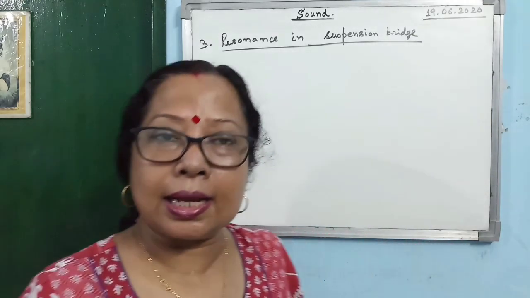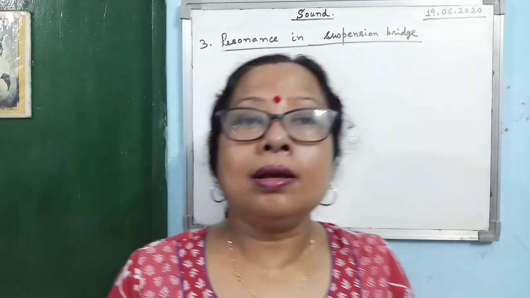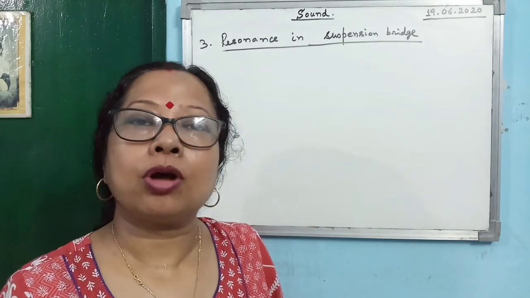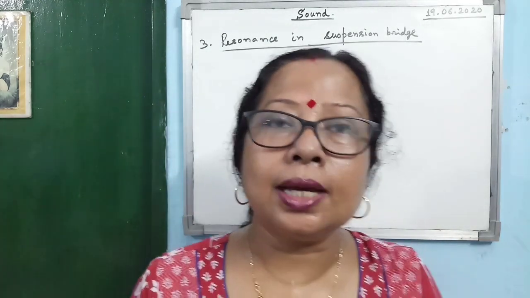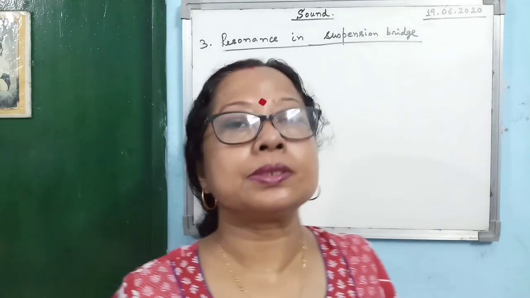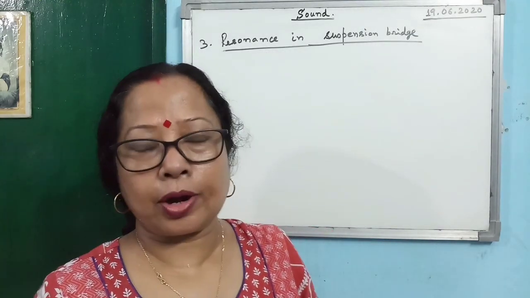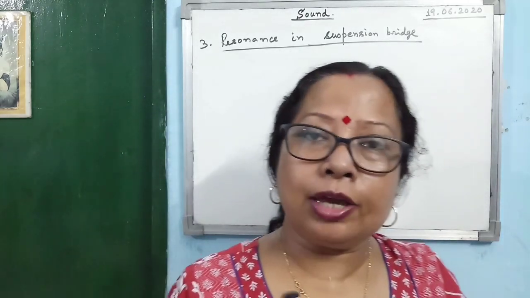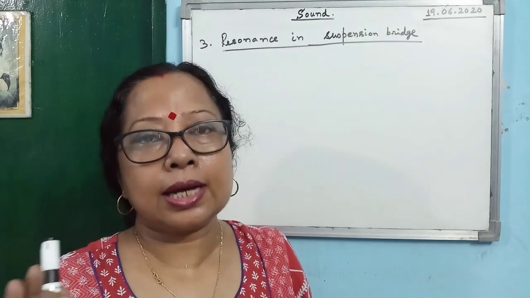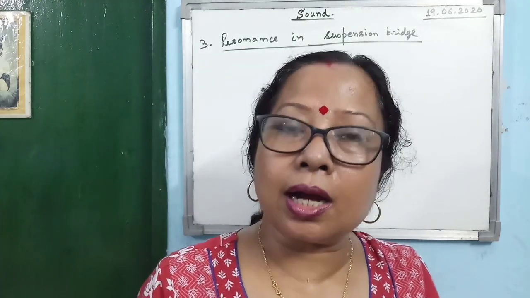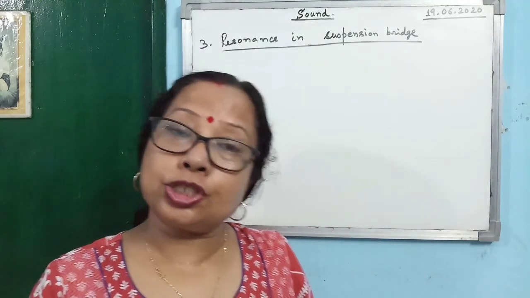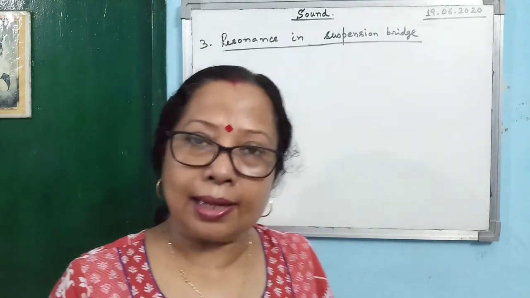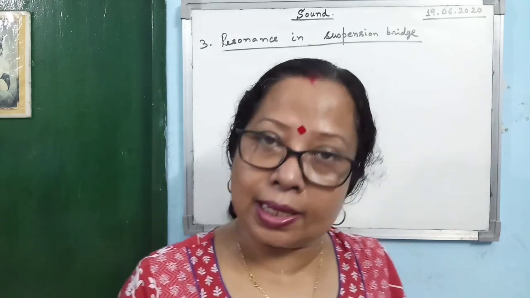So how to write the answer? You will write down the answer this way. The troop of soldiers, when they cross a bridge, are asked to break their steps, as, next point, that is the most important point, the frequency of the steps of soldiers may become equal to the natural frequency of vibration of the suspension bridge, then resonance will take place.